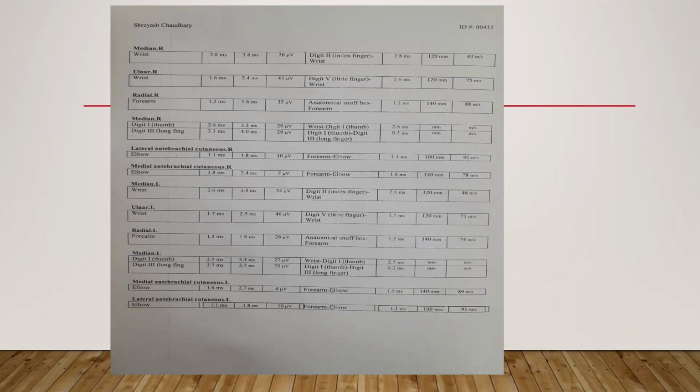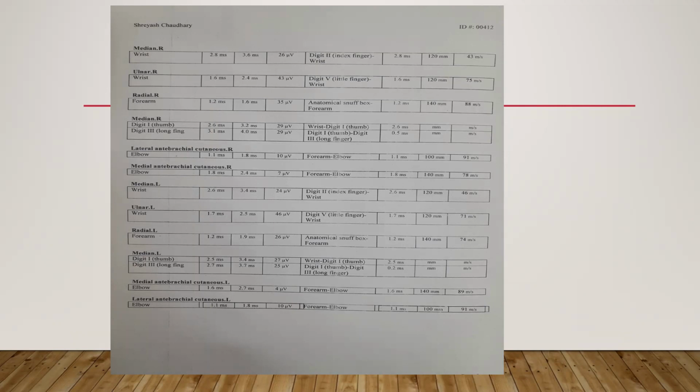Right radial shows normal latencies, normal SNAPs, and normal conduction velocities. Right median from digit 1 is normal, ma'am, and digit 3, 3.1, that is normal latency and normal amplitude. Wrist to digit thumb is 2.6 and digit 1 to digit 3 is 0.5.